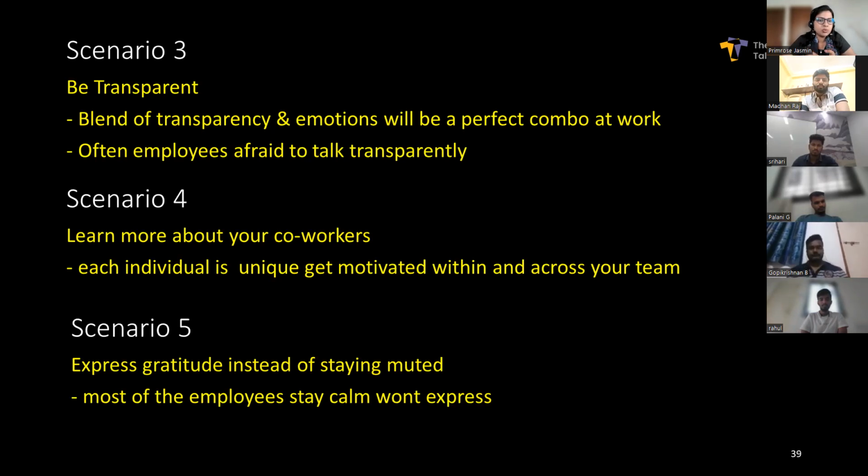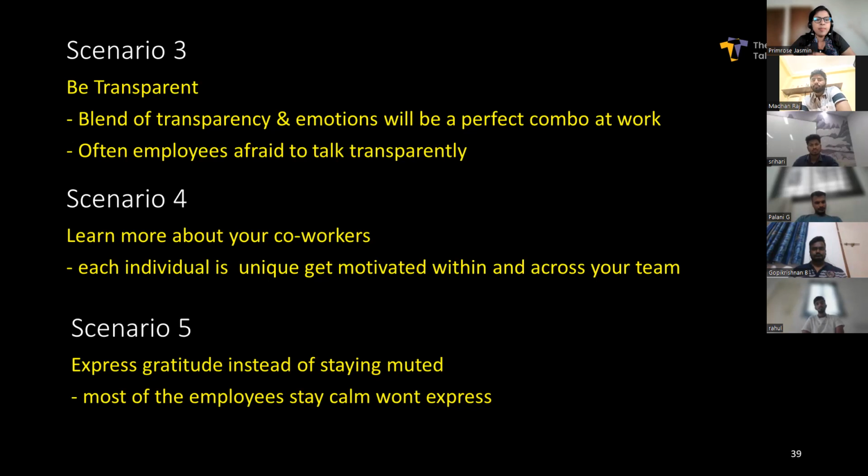Either way, you are suppressing your thoughts and thereby you're not being transparent. You're suppressing your emotions and it is not good for you in the long run because you will feel alienated from work. You will feel you're not belonging there.